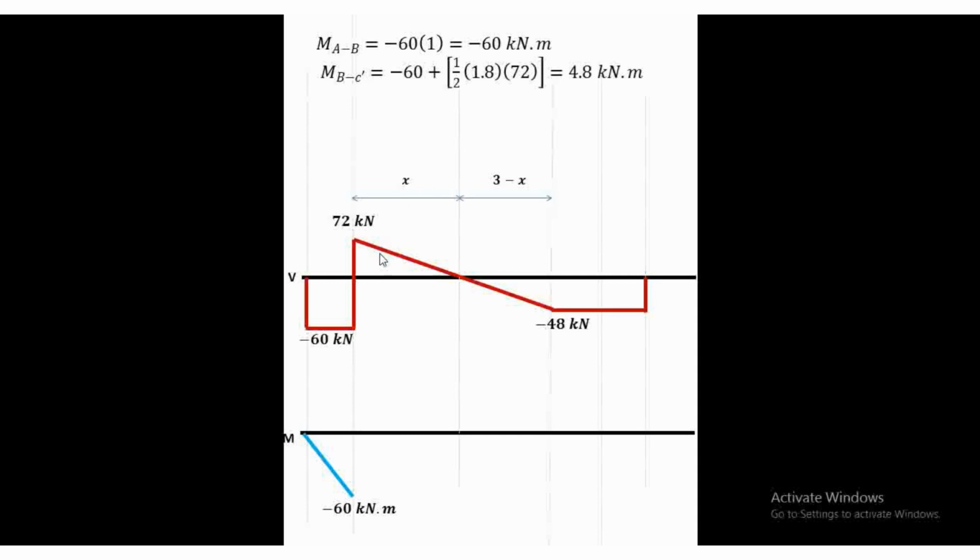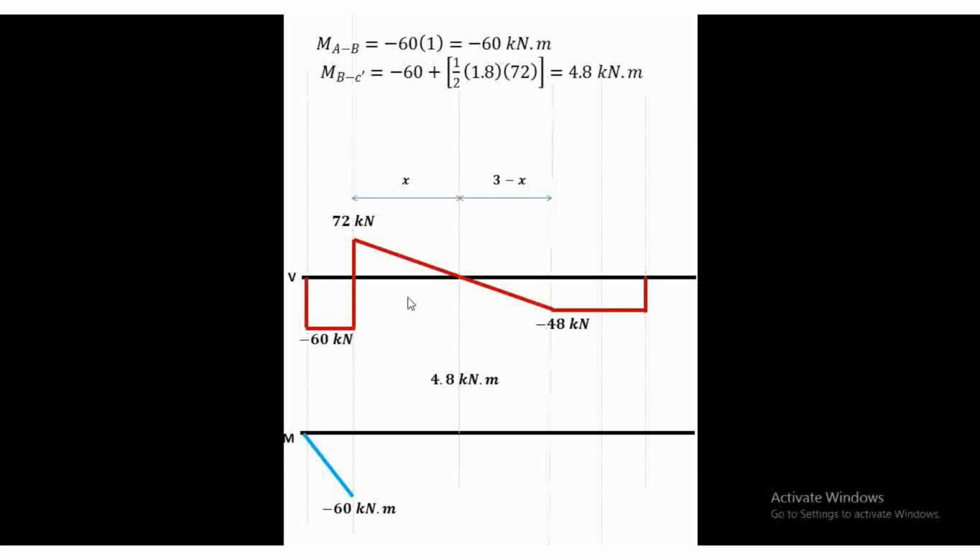Ang area ng triangle ay 1/2 base times height. Itong 1.8, that is the base of my triangle. 72, that is the height of my triangle. So, ang magiging moment ko from point B to C prime is 4.8 kilonewtons.